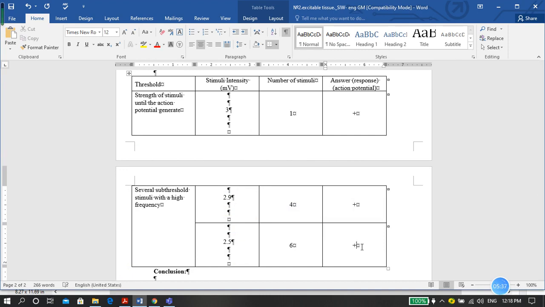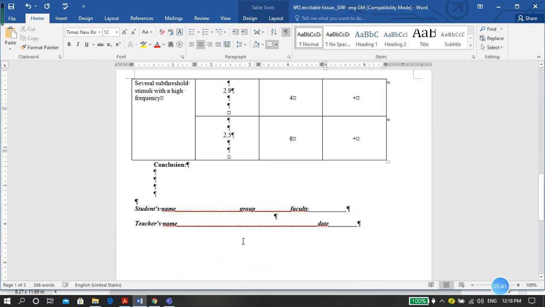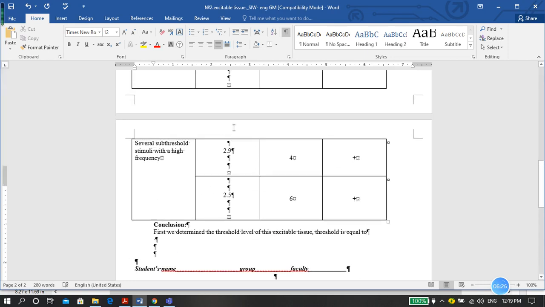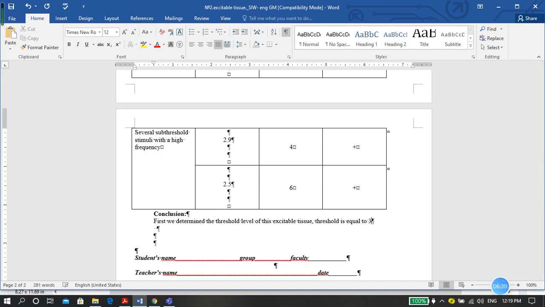So, conclusion: first we determine the threshold level of this excitable tissue, and the threshold is equal to 3 microvolt.